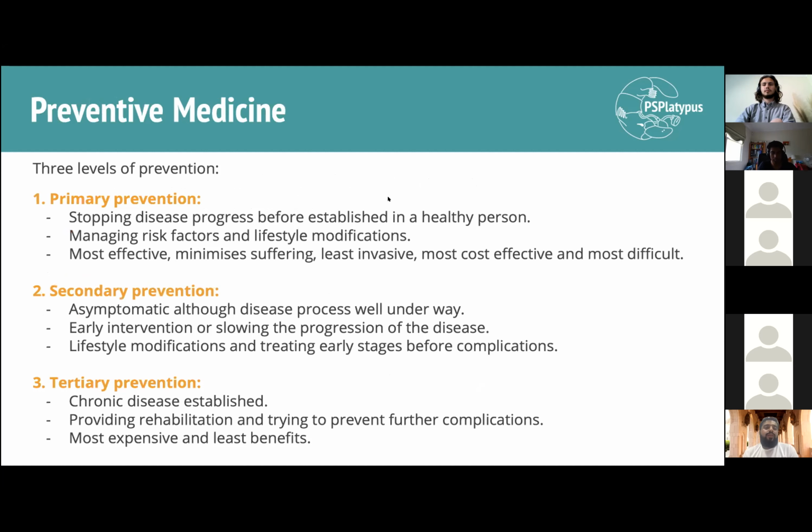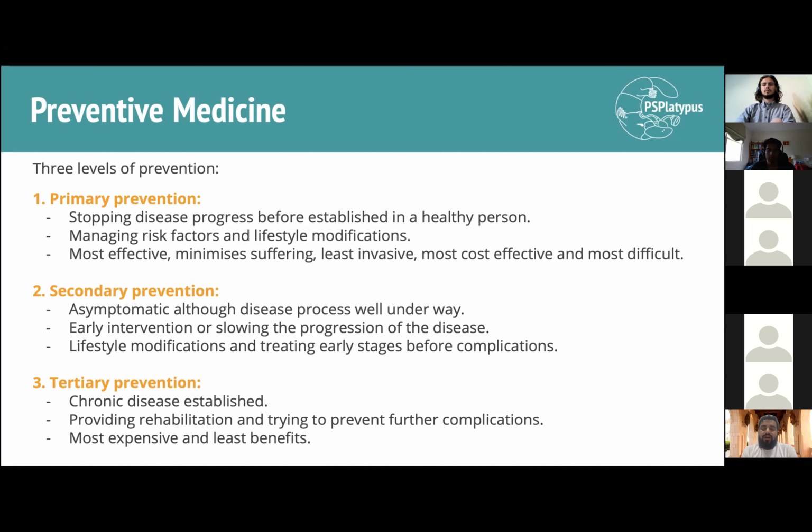So we have preventive medicine, which focuses on preventing the disease from occurring in the first place rather than treating the disease. And we have 3 levels of prevention. We have primary prevention, where we have a healthy patient with no disease, and it's about stopping the disease before it's established in the healthy person.